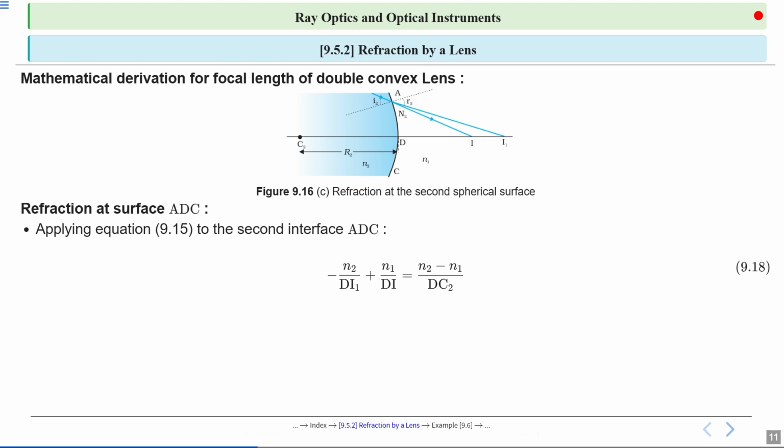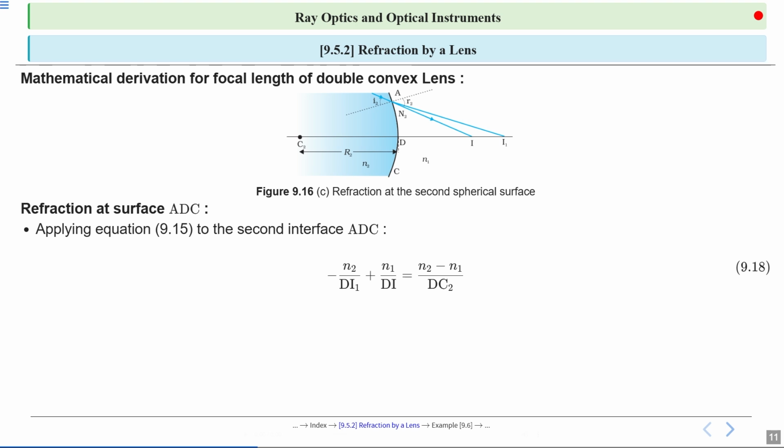According to sign conventions, we take the object distance to be negative for real objects. Here the object distance will be taken as positive. That's why we apply the negative sign: if we put di1 as minus u, minus and minus get cancelled out, and the object distance is taken as positive because the object is virtual here. That's why we apply the negative sign in the formula.